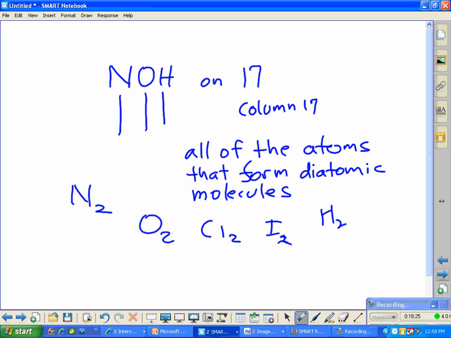All of them in 17 are diatomic. And you'll need to know that to answer some of the questions in the CSTs. They'll ask you questions that require you to know that kind of stuff. Okay, are we good? Did that take care of this sheet for you?